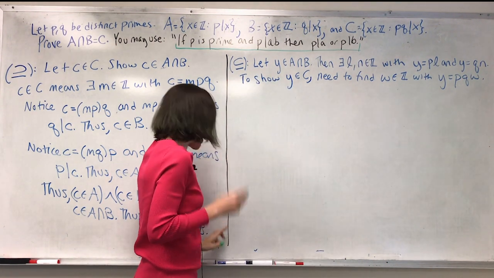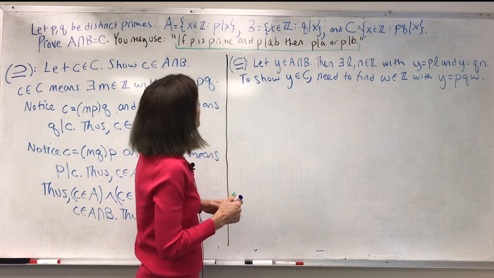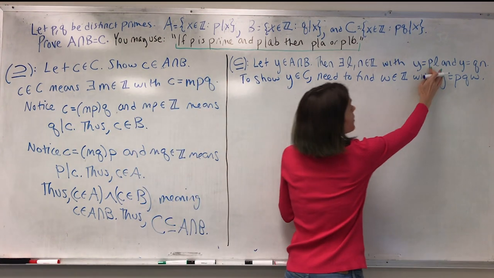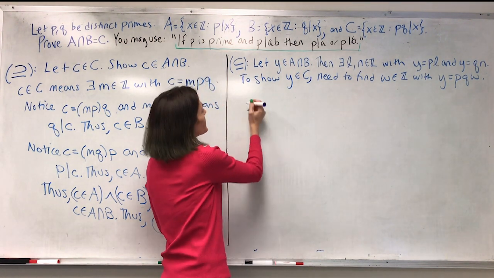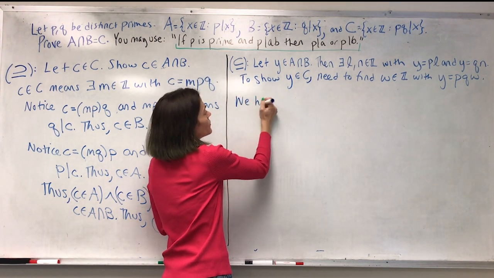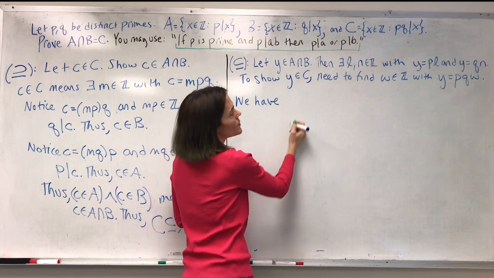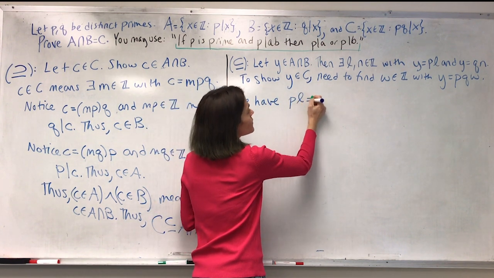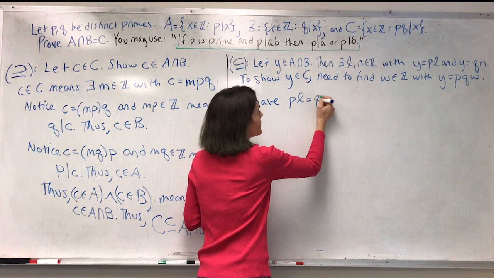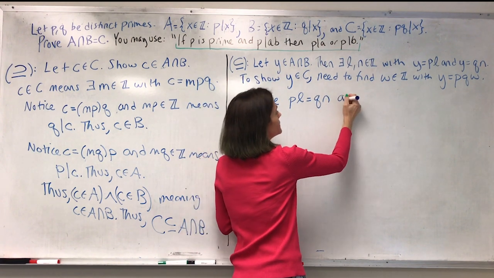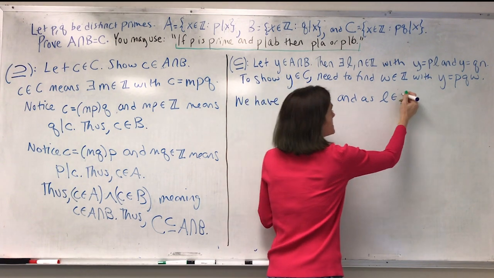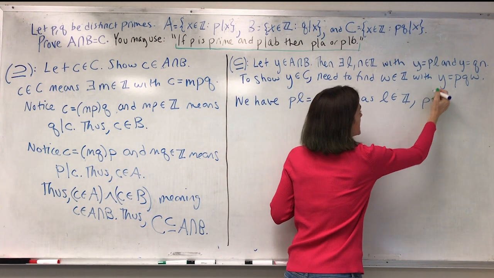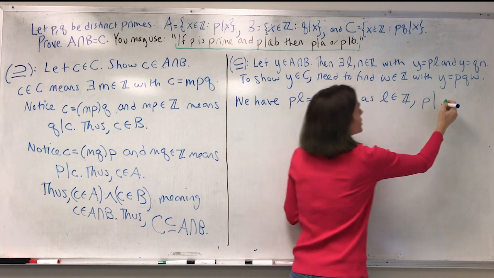Okay, what can we do? Well, both of these are equal to y, so we may set them equal. So we have pl equals qn, and as l is in Z, p divides qn.